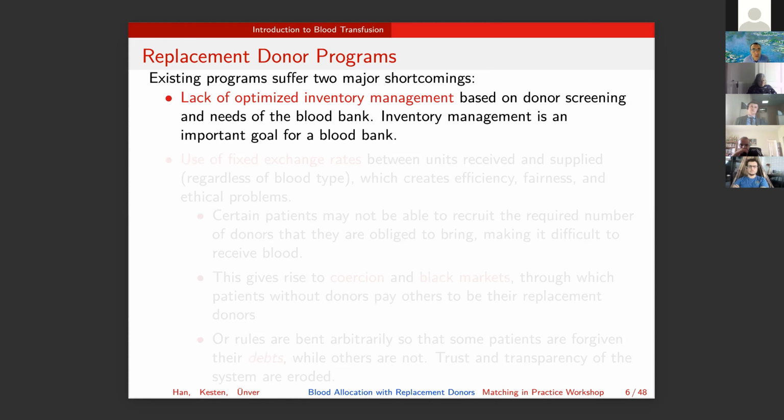First of all, optimized inventory management is usually missing. Inventory management is usually pinned down as an important goal for a blood bank.